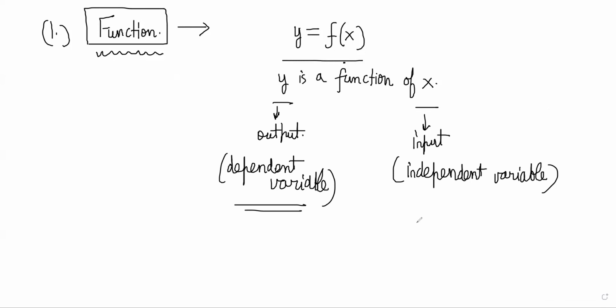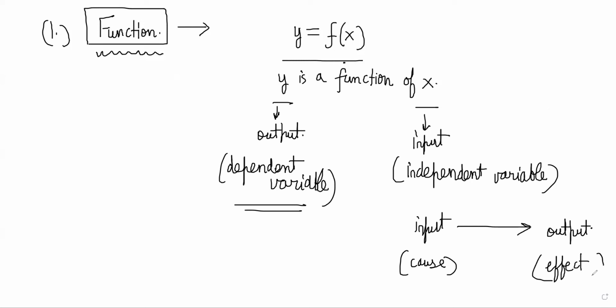Obviously, you should realize that input comes first and input decides what the output is, right? Input is like the cause and output is like the effect, right? Correct? Okay. So a function basically is a relationship between two sets of numbers.